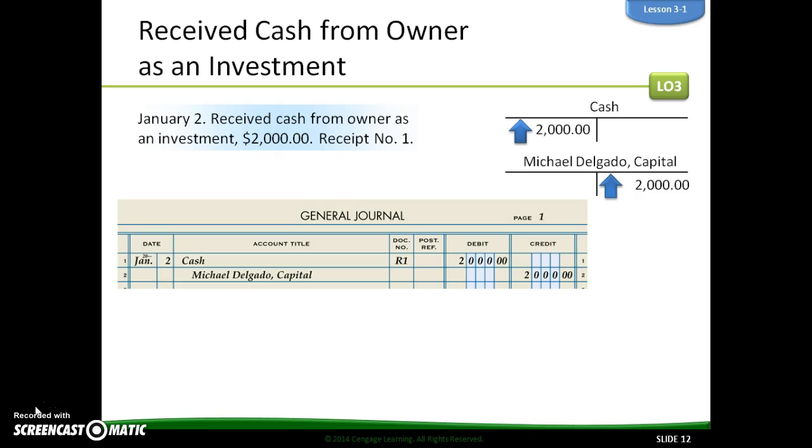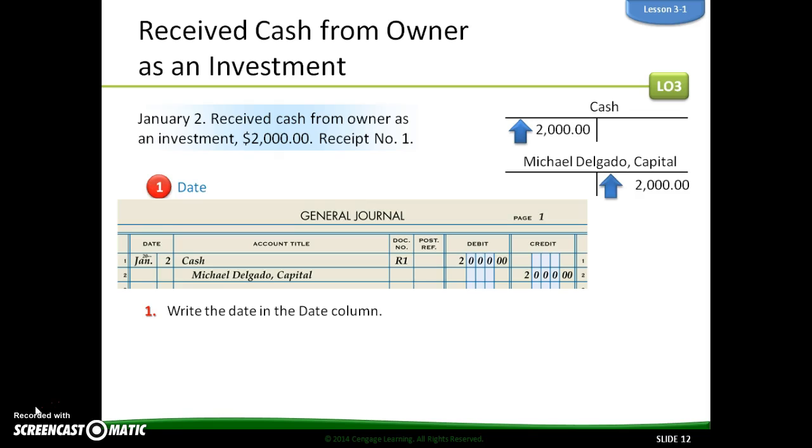When we are looking at our general journal, first of all, the transaction happened on January 2nd. You can see that we are writing in cash on the first line because that is the debit transaction. Document number, we have R1 as that's our receipt 1 in the amount of $2,000.